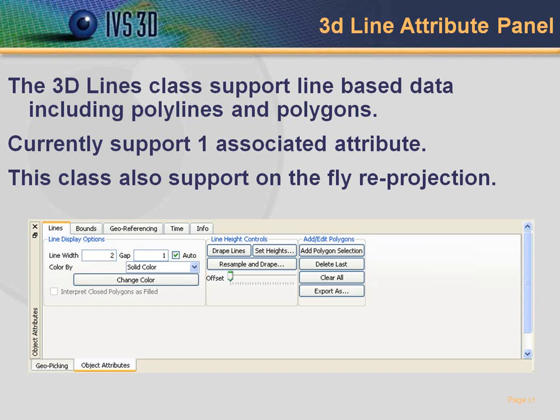This is how we bring it in, this is how we visualize it, and there are various options to support that, such as draping lines on the surface. When we do contours, for example, you're often producing a 3D line object.